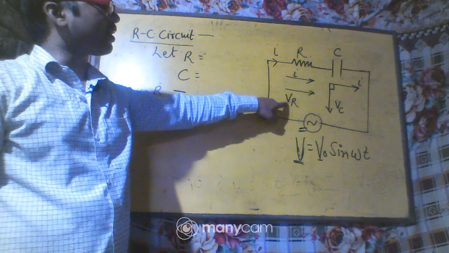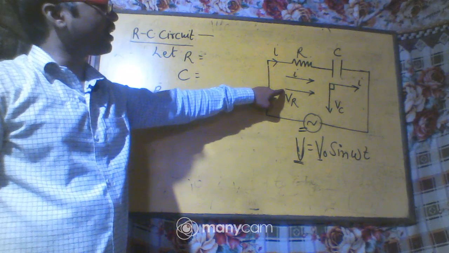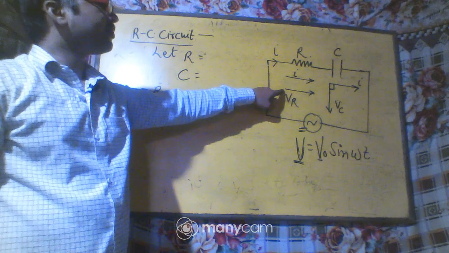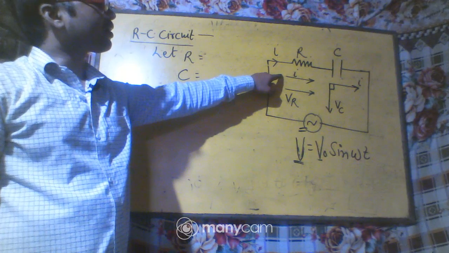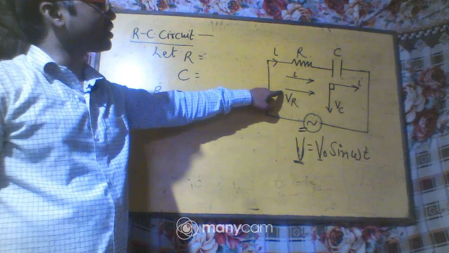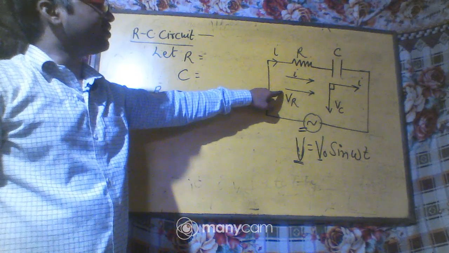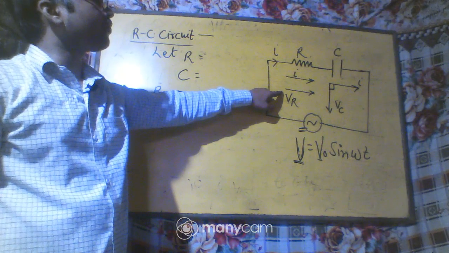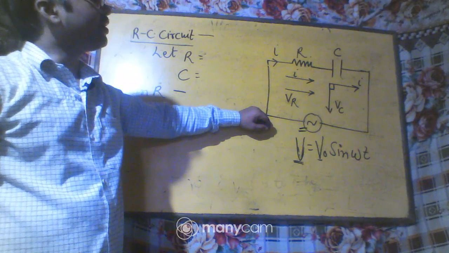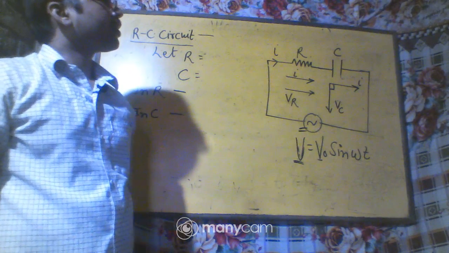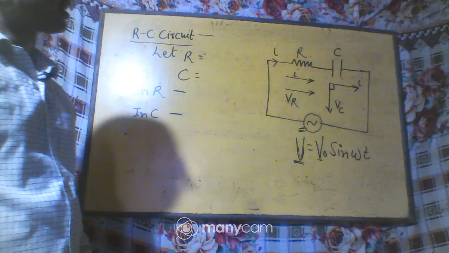Here you can see the I and VR are denoted by two different arrows but are in the same direction. This shows that the phase angle between the current and the voltage drop across the resistor is 0, or you can say there is no phase difference between current and voltage in a resistor.